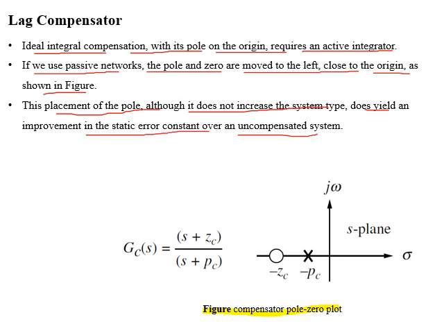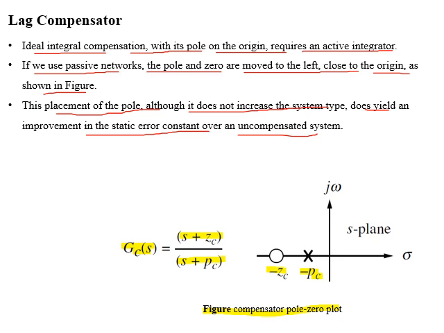Students, if we use active networks, we can place a pole at the origin through which we can improve the type of the system and hence we have zero steady state error. But using passive networks, we can't place a pole at the origin and indeed it is placed near the origin.